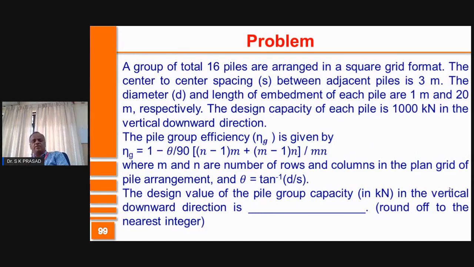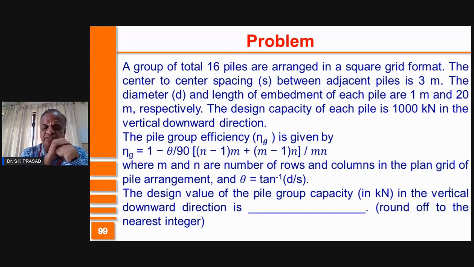That means 4 piles in a row and 4 rows. Center to center spacing between the adjacent piles is 3 meters. The diameter and length of the embedment of each pile is 1 meter and 20 meter respectively. The design capacity of each pile is 1000 kilonewton in vertically downward direction. Pile group efficiency is given by the Converse Labarre formula.